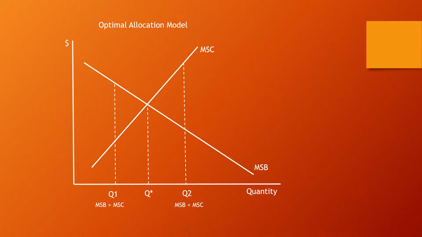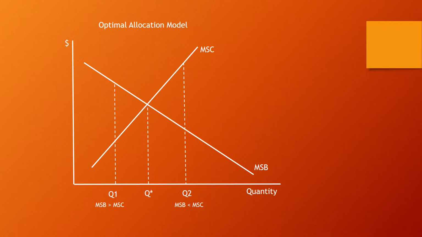Now, this last idea may seem kind of odd. After all, if we could have more of something we value, why not have more? It's a good thing after all. Well, here we probably see the importance of thinking like an economist. We economists recognize the opportunity cost reflected in the marginal social cost curve.